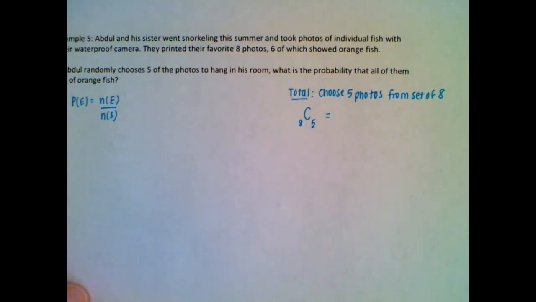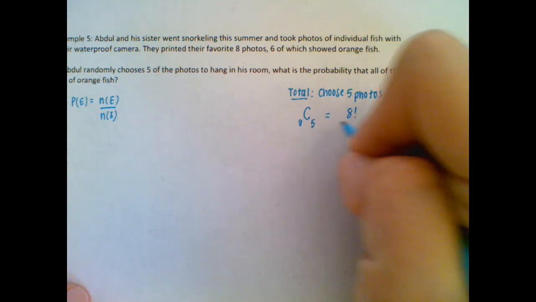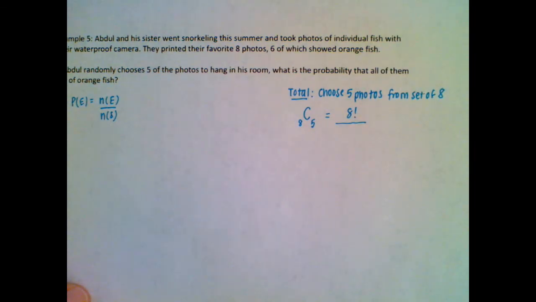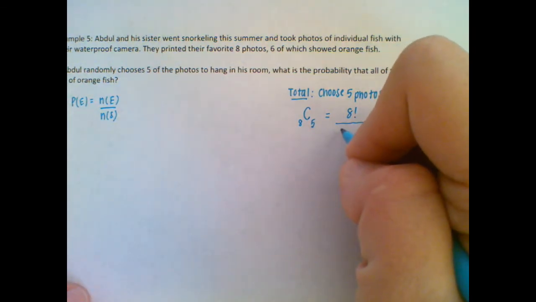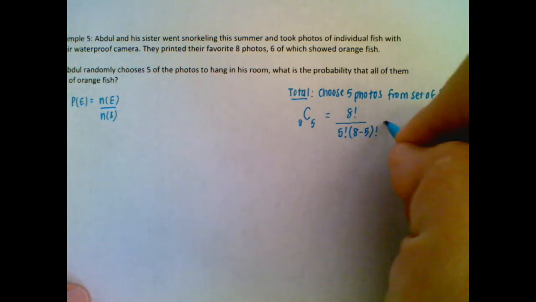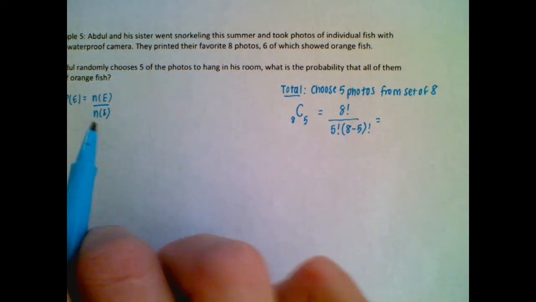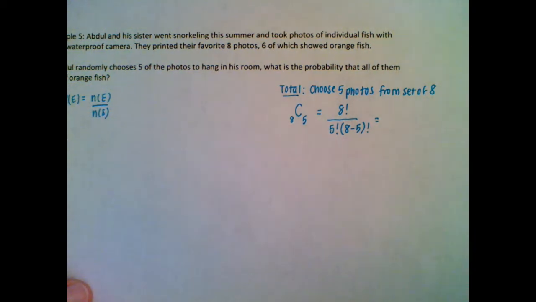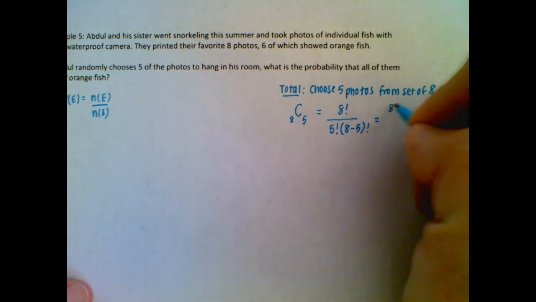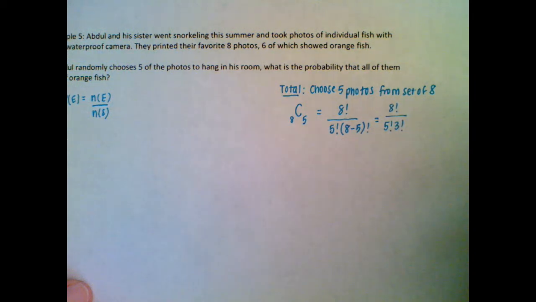So using our combination formula, I'm going to set up my n factorial over my 5 factorial times the 8 minus 5 factorial. I'm going to simplify this before I use my probability formula over here. So that gives me 8 factorial over 5 factorial times 3 factorial.